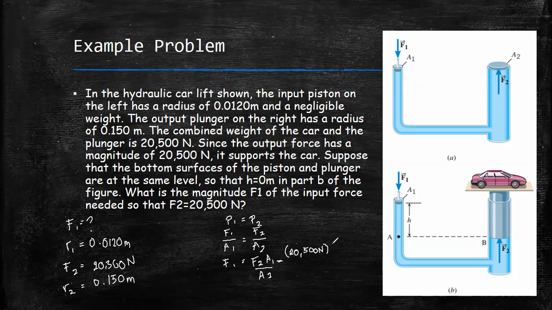And using the formula for the area of a circle, the area at point 1 is pi times the radius 0.0120 meter squared, all over the area of the second point, pi times 0.150 meter squared.